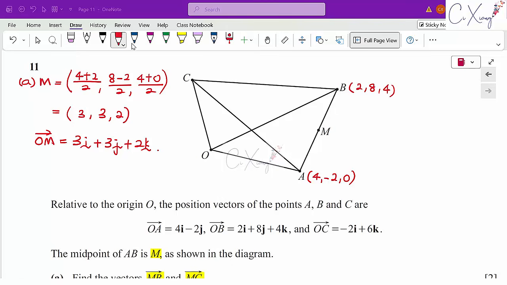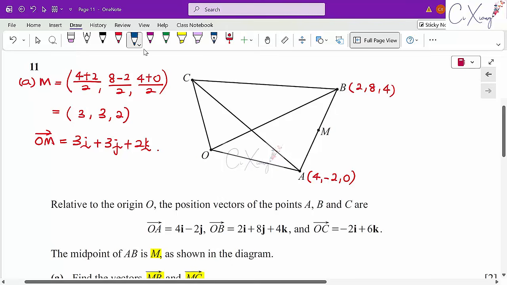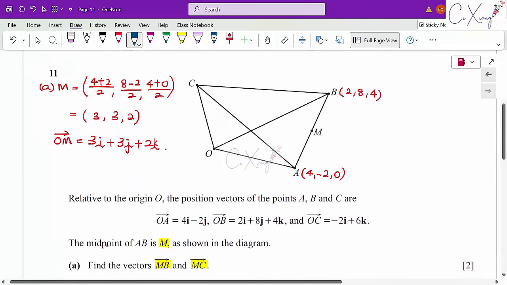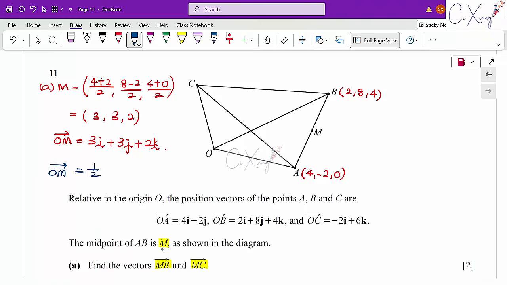Let me tell you a common mistake that students usually make. When they say the midpoint of AB is M, they always take OM equals half of AB. I just want to tell you that this is wrong, because half AB is actually AM, not OM.